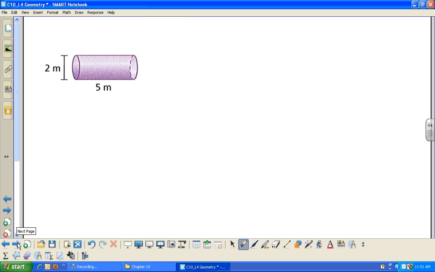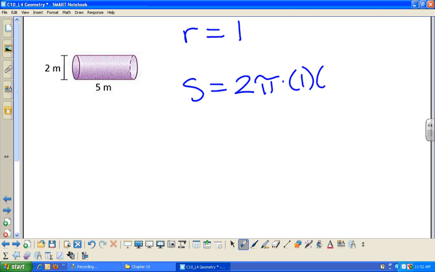So given this picture, my r here is going to be 1, because the diameter is equal to 2, so half the diameter is my radius, which is 1. So I'm going to figure out the surface area. Surface area is 2 times pi times my radius, which is 1, times my height, which is 5, plus 2 times the area of my base, which is my radius squared times pi.